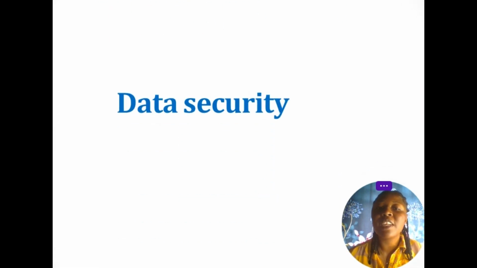Let's understand data security. What is data security? Data security provides authentication and authorization mechanisms that help to control access to data, protecting sensitive information from unauthorized access. This is the main function of data security.